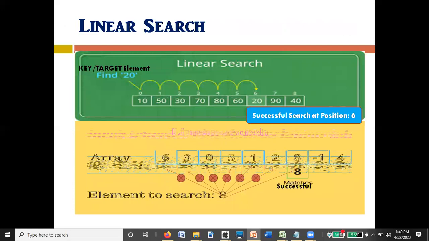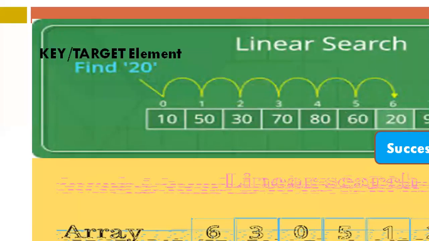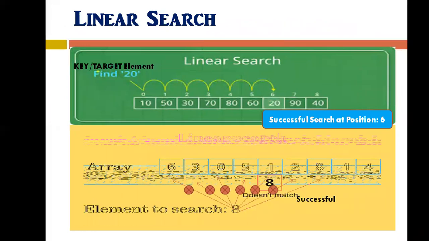Then you can see one example in this slide. Just consider the target element here is 20, and the list of elements given here is 10, 50, 30, 70, 80, 60, 20, 90, 40.